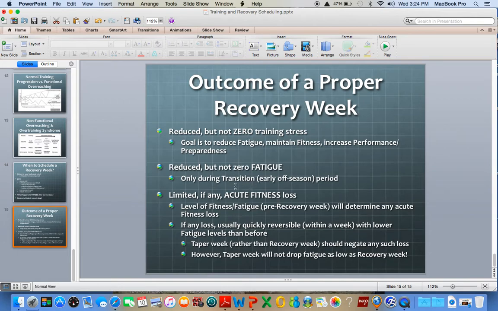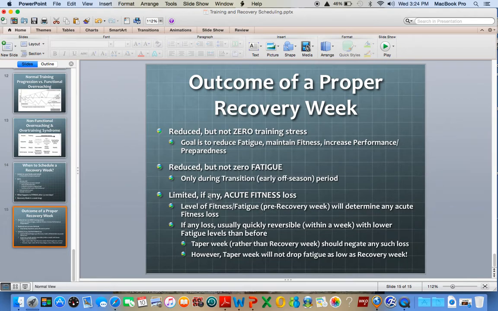So the only time we try to reduce our fatigue to near zero levels, it probably doesn't get quite to zero, but we're going to reduce it dramatically, and there's going to be a subsequent loss of fitness, is during the transition period, which is the early off season, right? So now we have plenty of time to get our fitness back, but now we're giving our body plenty of time to fully rest and regenerate to start over again. And hopefully, you have a new baseline, right, when you start again.